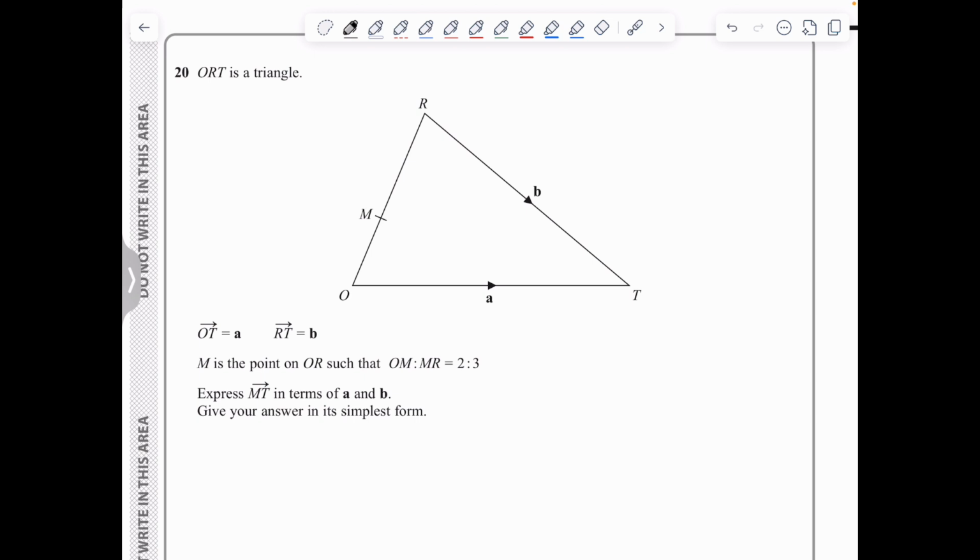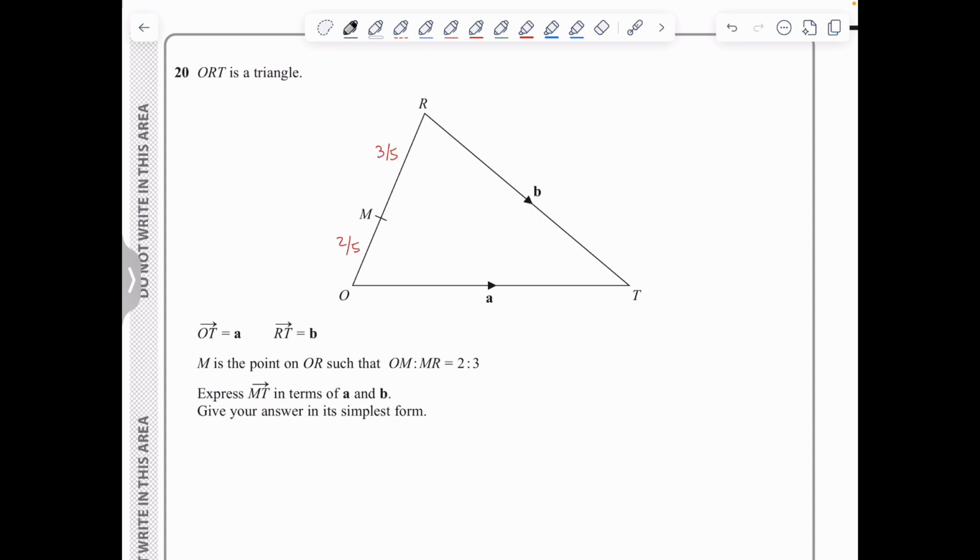In question 20, we've got ORT being a triangle. The vector OT is A, as shown here. The vector RT is B. Now, M is the point on OR such that OM to MR is 2 to 3. And we need to express MT in terms of A and B, giving our answer in its simplest form. Well, the first thing I will write is that OM is 2 over 5 and MR is 3 over 5.